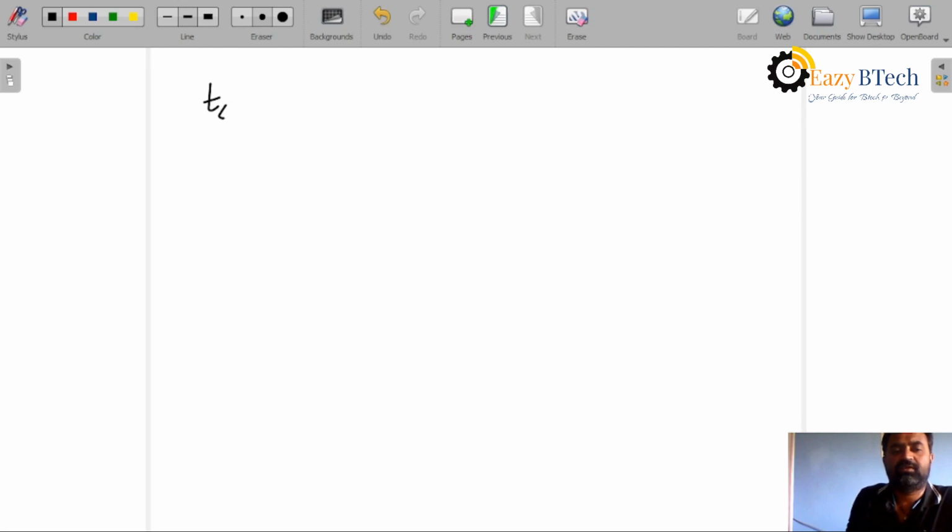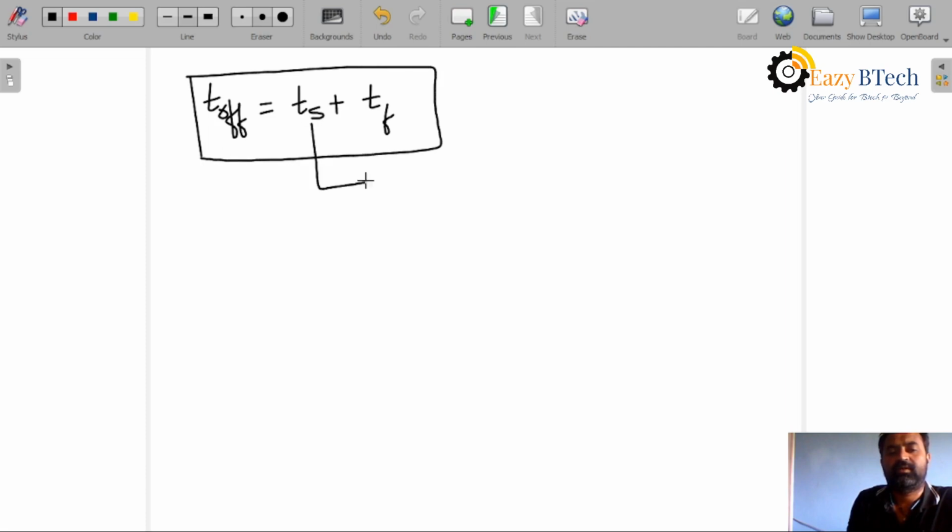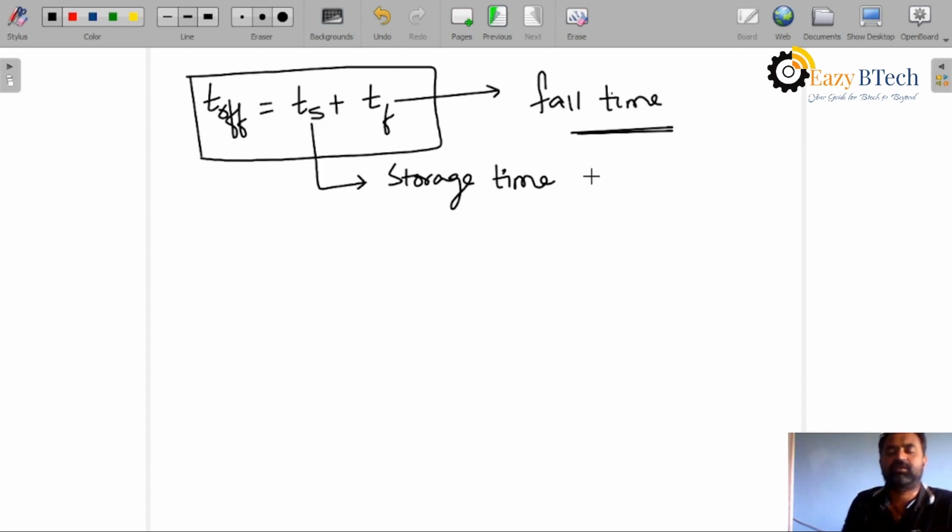That is T off is equal to Ts plus Tf. This is a storage time. This is a fall time. The switching speed of a transistor depends upon, to make on state, delay time and the rise time, and for off state, storage time and the fall time. That we will see in the switching operations.